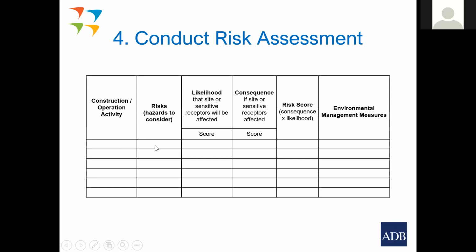We're going to go through some examples coming up, but you systematically put each construction activity on the left-hand side and then identify the risks for that activity in the second column. Then you ask whether that hazard or impact is likely, and you give it a score. Then you ask what the consequences of that impact are, and you give it a score of 5, 3, 2, 1. And then you get your risk score. That's what you fill out as you're doing your risk assessment.